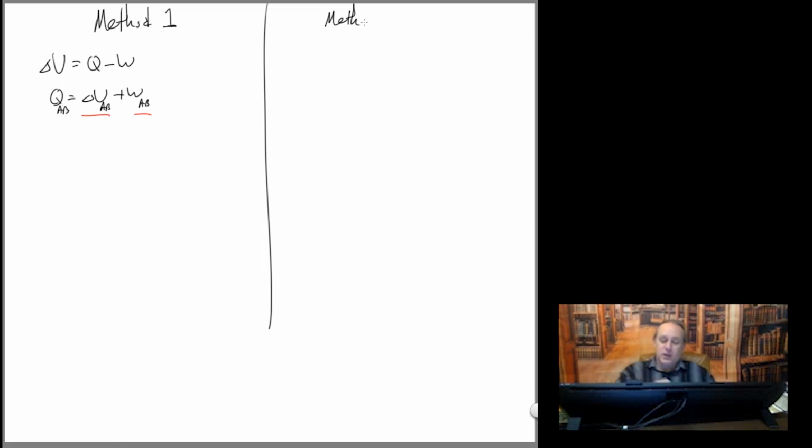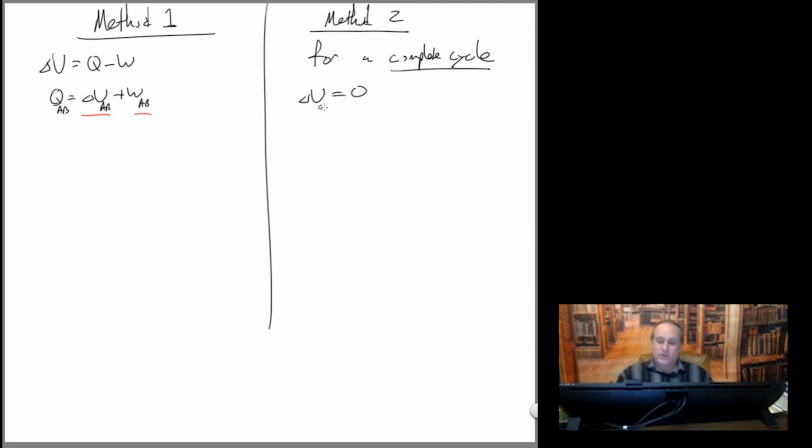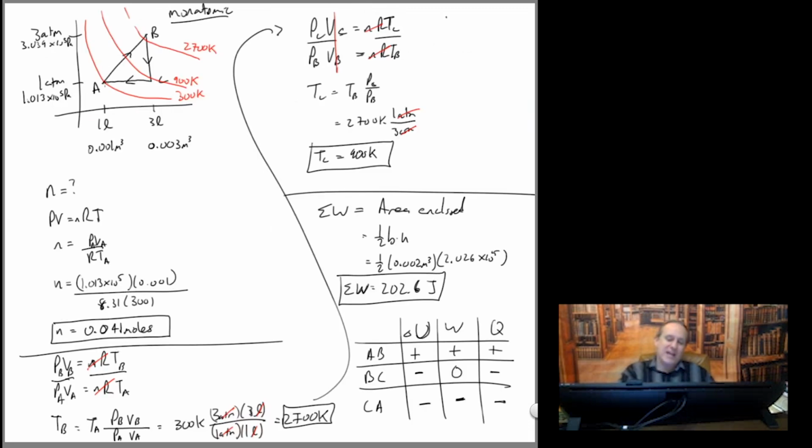Method 2. Second method, for a complete cycle, delta U is always equal to 0. Why is that? Because we're starting at point A, where the temperature is 300, and we return to point A, where the temperature is 300.